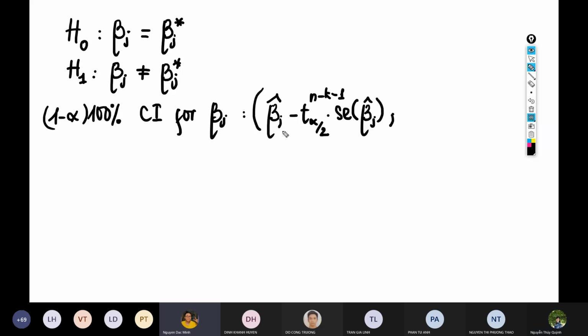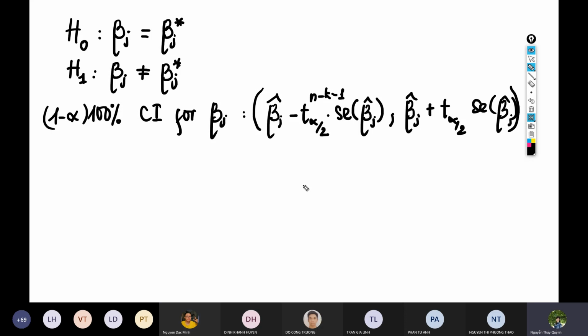The second one is beta j hat plus t alpha over 2 times SE of beta j hat. So this is the confidence interval for beta j.